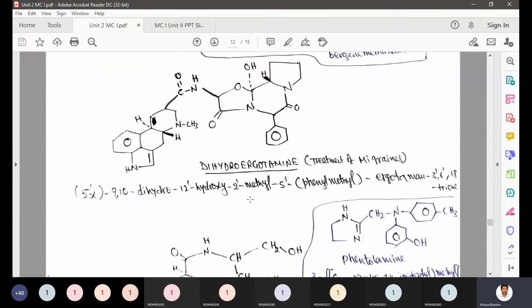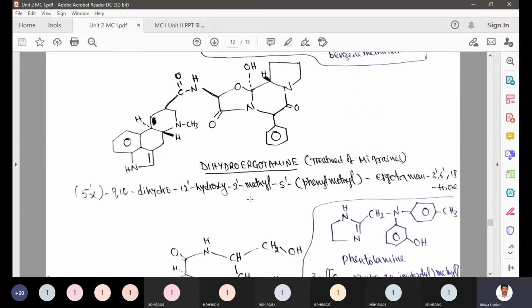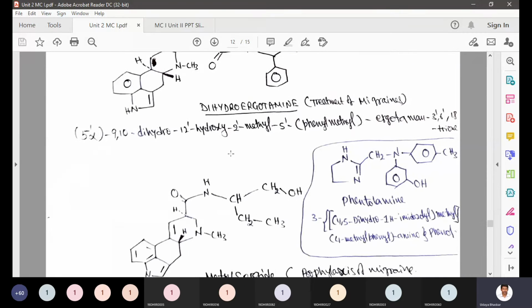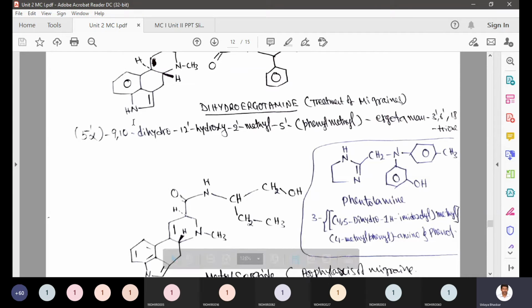These two structures, dihydroergotamine and methysergide, need to be remembered by making this amide bond the center, and you have to remember this part separately and this part separately. When you compare dihydroergotamine with methysergide, this structure is a branched chain, and here it is somewhat similar, only the hydrogens differ, and here a methyl group is extra.